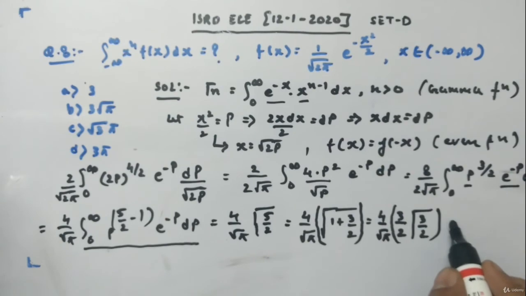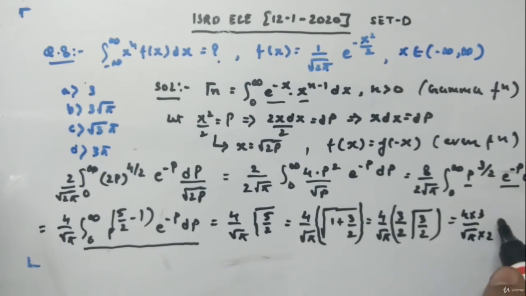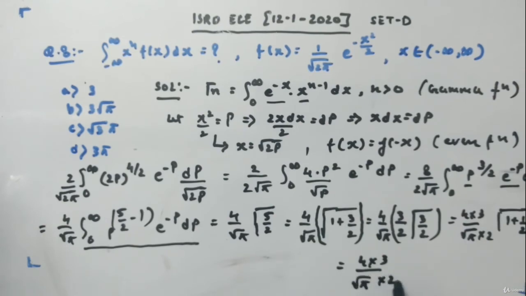Now this again can be broken down: 4 into 3 divided by root pi into 2, gamma of 1 plus 1 by 2, which can be written as 4 into 3 divided by root pi into 2 into 1 by 2 gamma of 1 by 2.